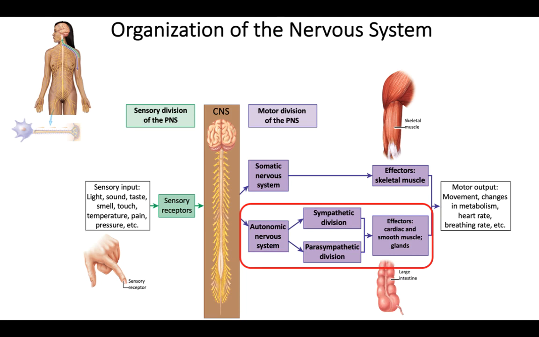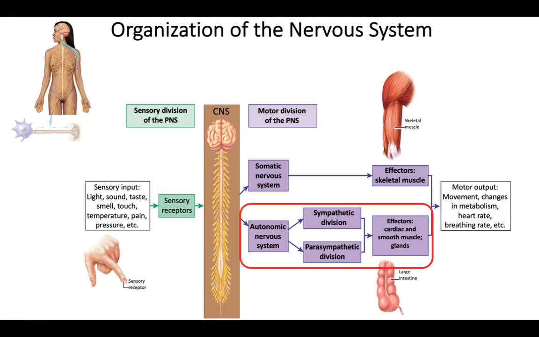Everything else is autonomic. So we're going to be looking at the heart, organs that have smooth muscle, for example, the respiratory tract, GI tract, urinary tract, reproductive tracts. Blood vessels have smooth muscle. Also going to be looking at glands and look at what glands are controlled by the autonomic nervous system.